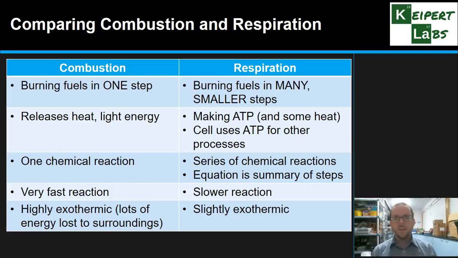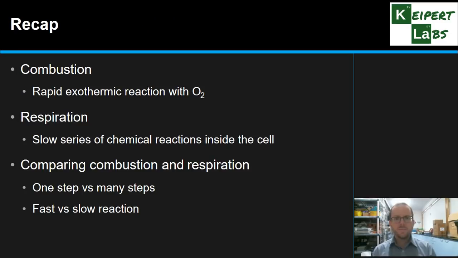Combustion is highly exothermic. Lots of the energy is lost to the surroundings because of the process by which it happens, whereas in respiration we want to conserve that energy. It is only slightly exothermic, and lots of the energy is still conserved because of the processes that are carried out through respiration.